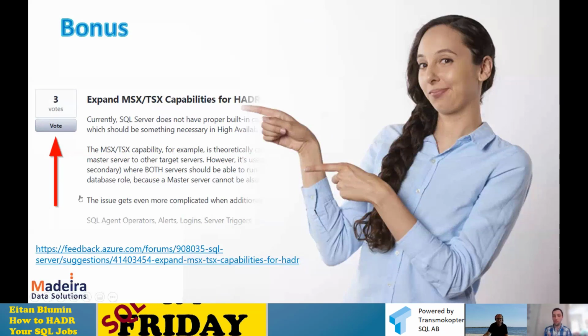But there are limitations to the MSX feature, which say that you can only set it up on either Standard or Enterprise editions. So just to set up this dedicated master server that all I want it to do is synchronize jobs, I need to pay a lot of money in terms of licensing. And that's a real shame.